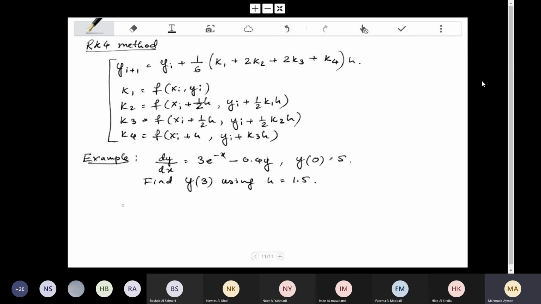Now we start by finding the value for k1.